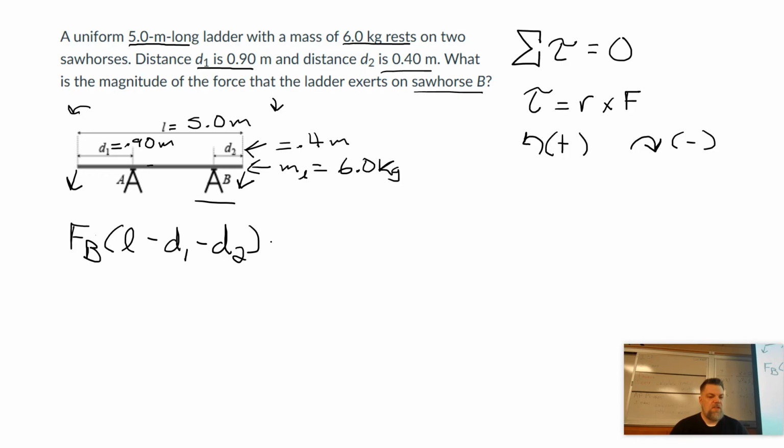Well, and then I also have this force over here, which would be mg times 1/2 L minus d1. And that, if we add those all up, equals 0, if we apply all the torques.